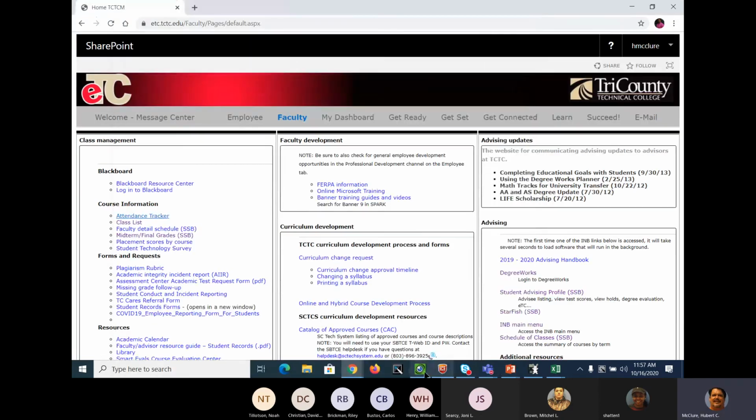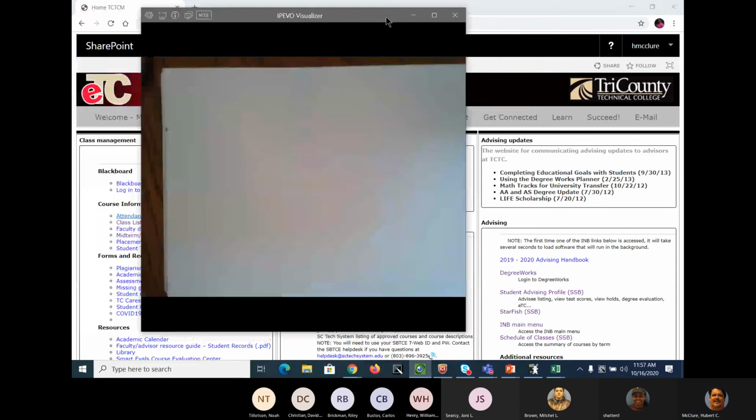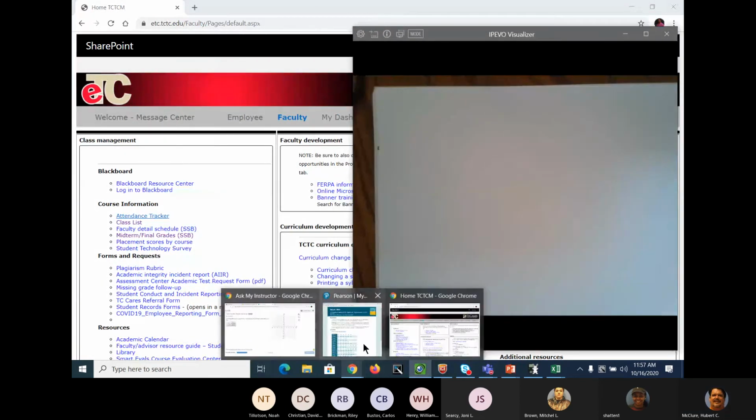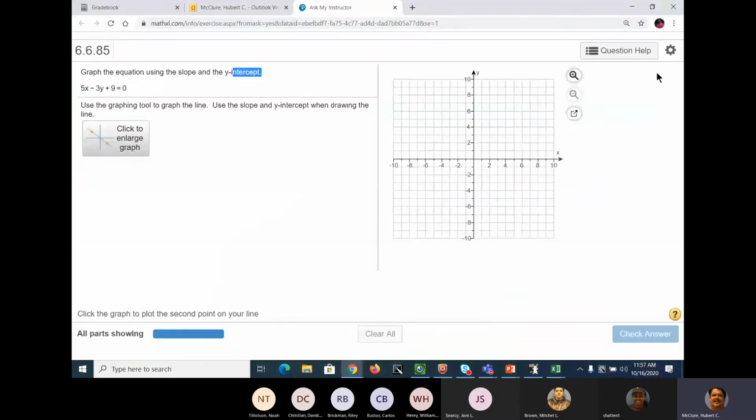Now the computer just went crazy. Hold on. Okay, there's the problem. We got to solve for y. So 5x minus 3y plus 9 is equal to 0. And I'm going to turn it around. 0 is equal to 5x minus 3y plus 9.